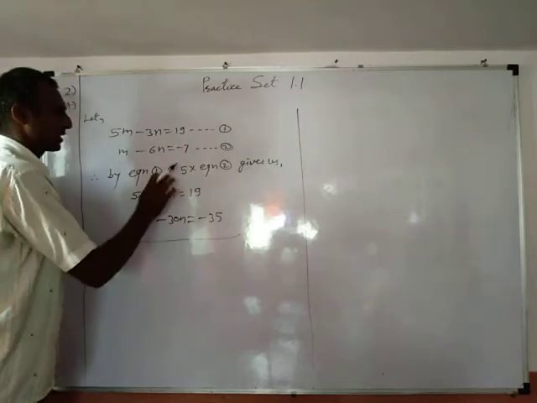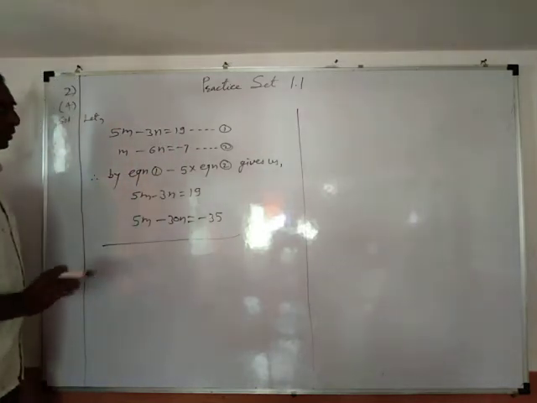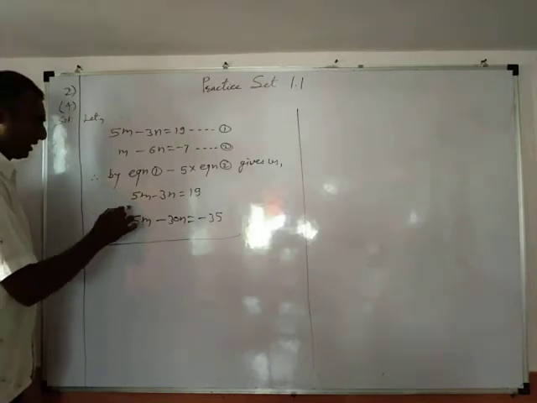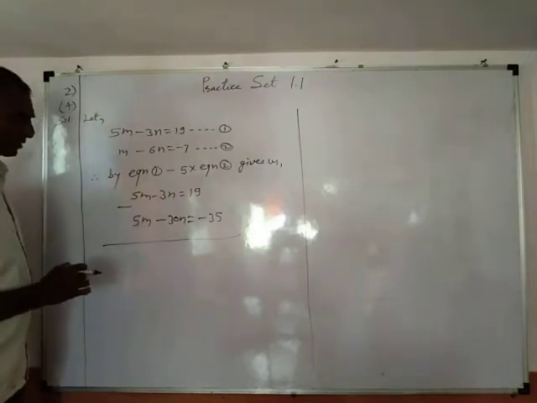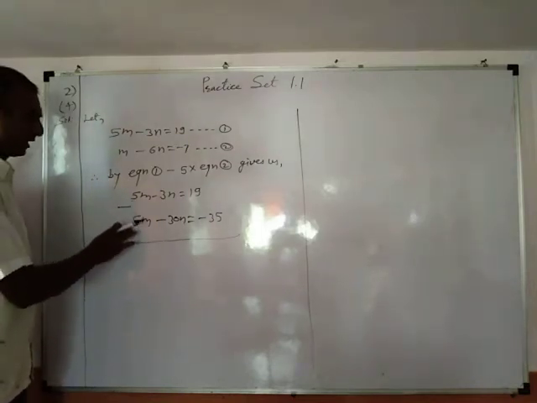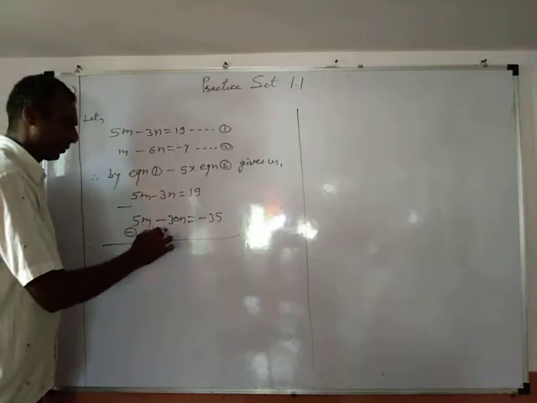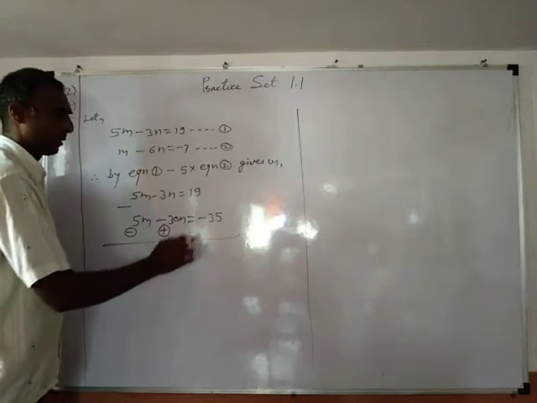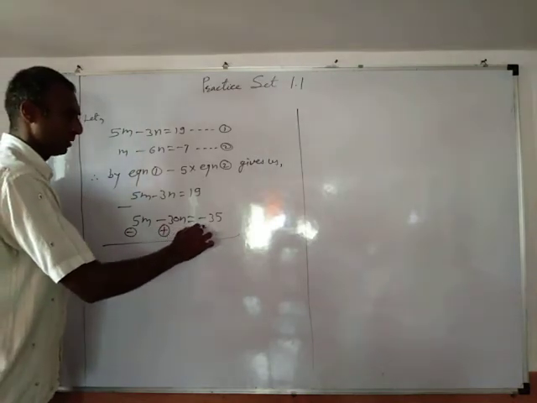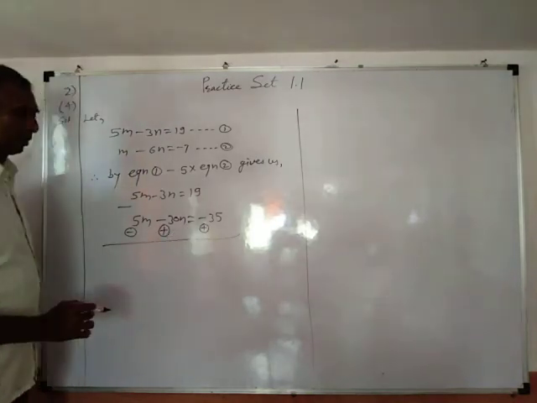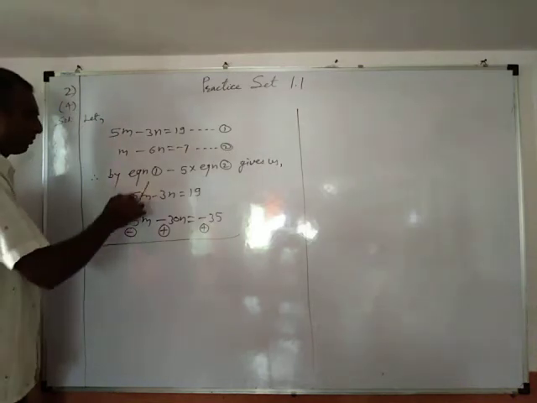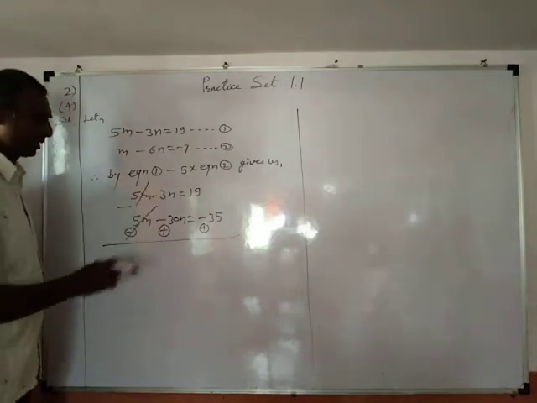Now as we have decided to subtract this product through equation 1, minus sign will be in between these two equations, and due to this minus sign, plus 5m will become minus 5m, minus 30n will become plus 30n, and minus 35 will become plus 35. Okay, now 5m minus 5m will cancel each other.